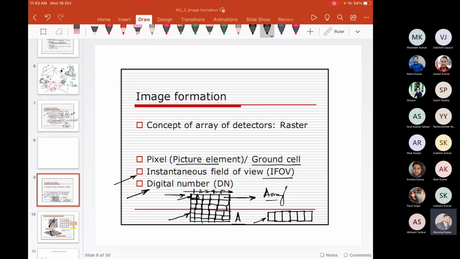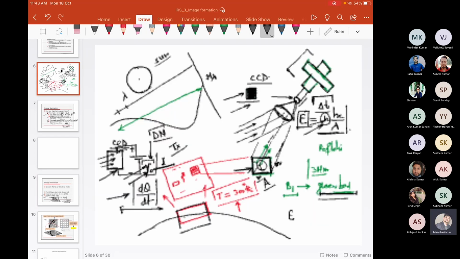What is a mechanical rotation? What could be the way through which this array is scanned? One way could be, as you see in this diagram, the energy passes through this mirror, and further this energy is concentrated to the CCD surface.